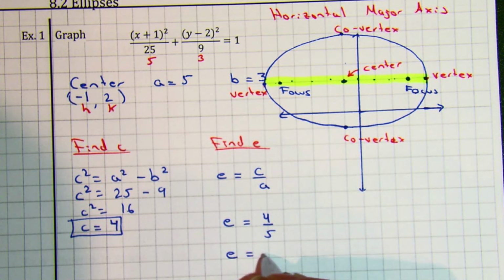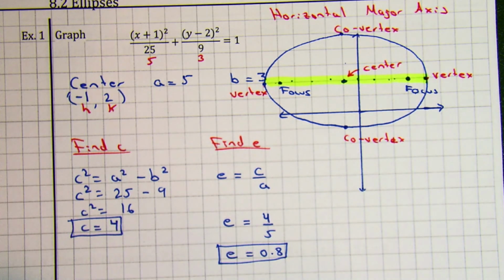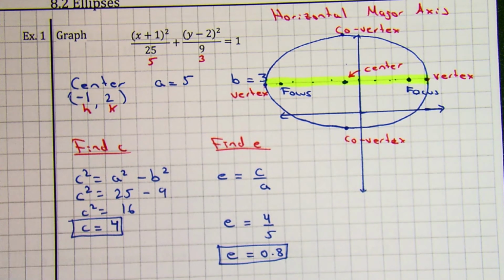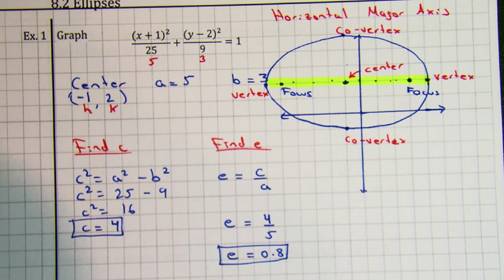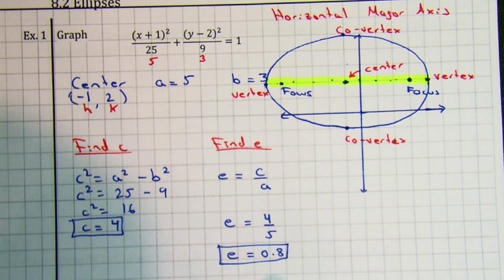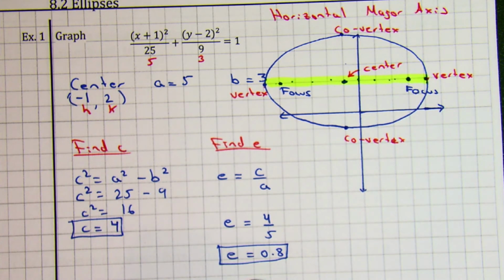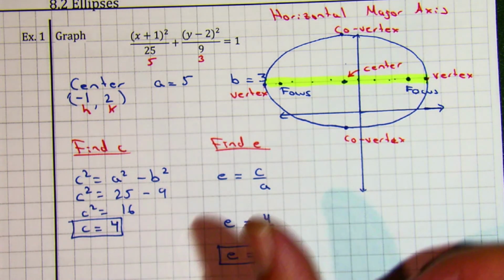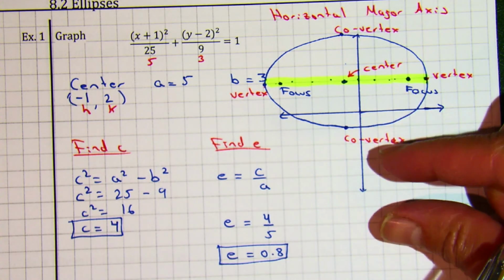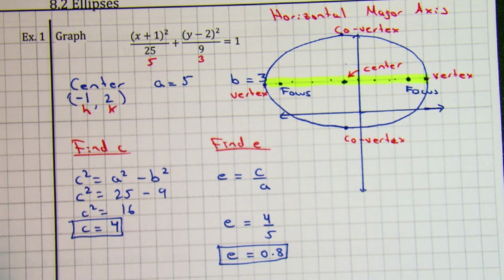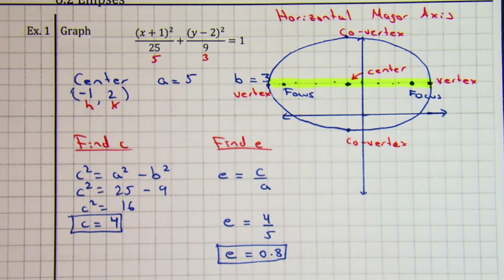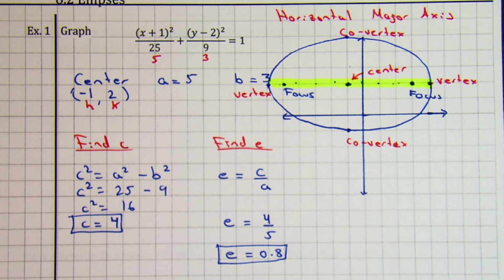Eccentricity is equal to 0.8. Remember, your eccentricity for an ellipse has to be between 0 and 1. And we'll go over what it means. It basically means how oval it is. Does it look more like a circle or is it more flat? And we'll go over different examples during class.